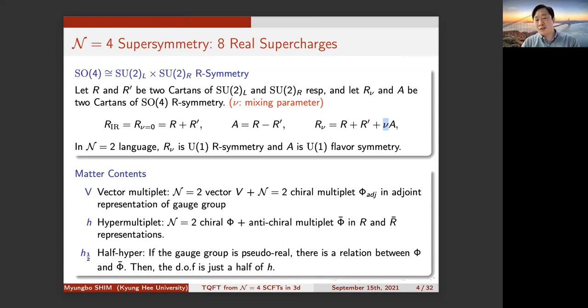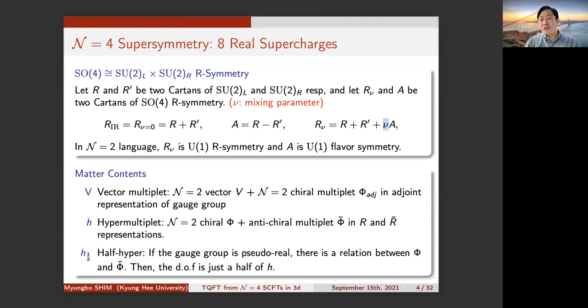It defines the degenerate limit of superconformal field theory in 3D with SO(4) R-symmetry.